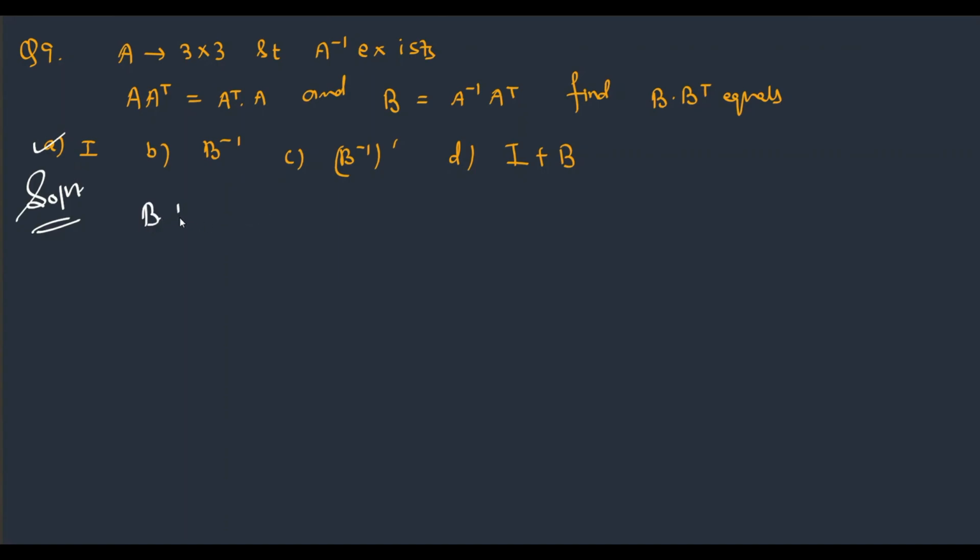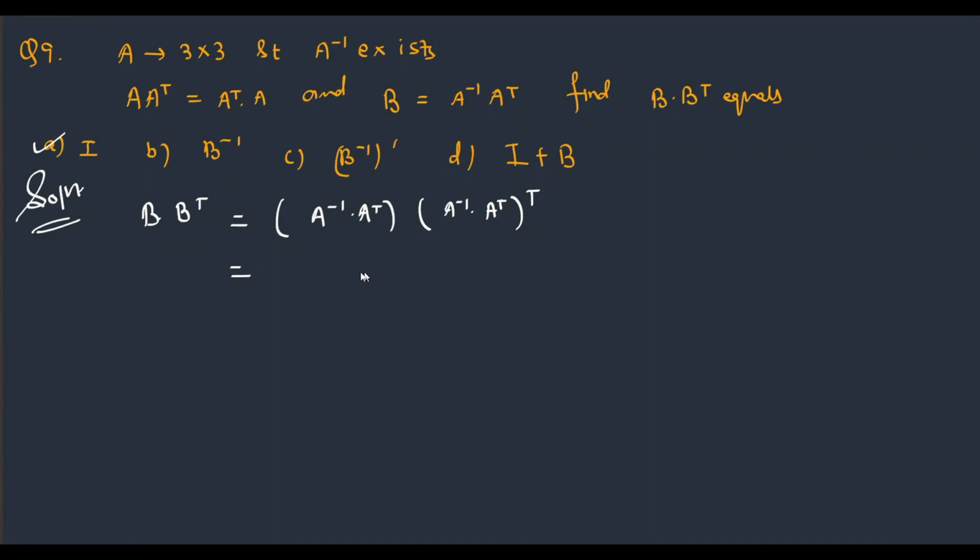Now here we have to calculate B into B transpose, but the B value is given as A inverse A transpose, and we take the whole transpose because B transpose is there.